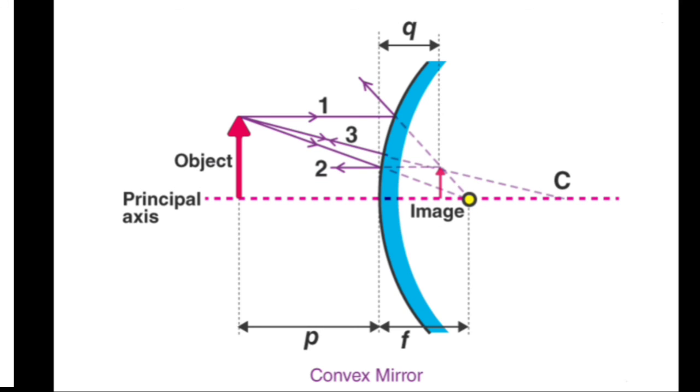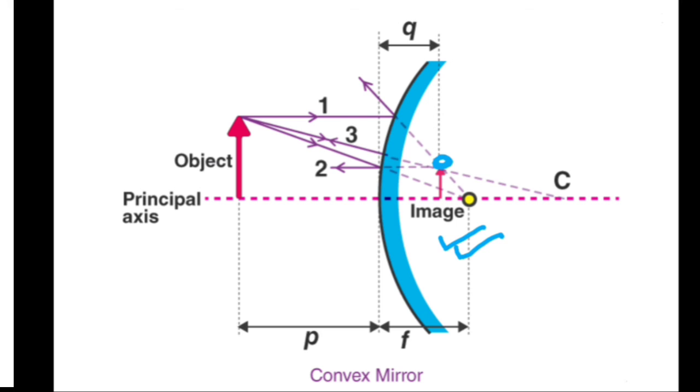And again, if we consider ray number 3, which is directed to the center of curvature, then you will see that it is going back in the same path. So any two rays, if you consider ray number 1 and ray number 2, or ray number 3 and ray number 2, there is an intersection point which is behind the mirror.